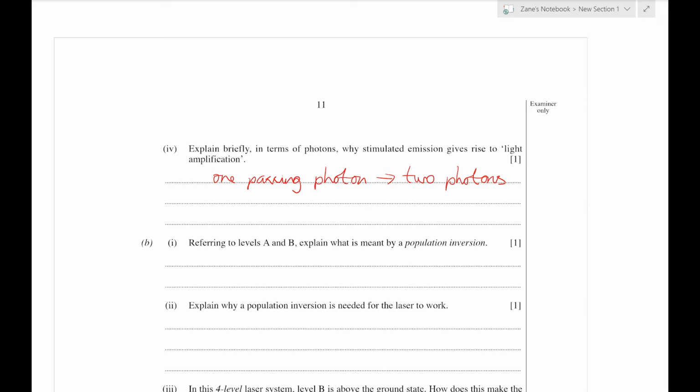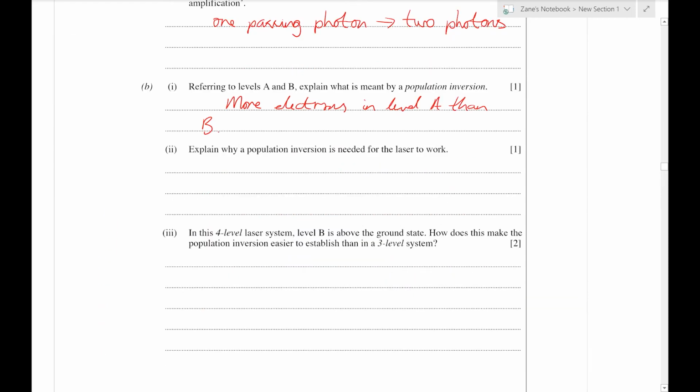Part B1, we're asked, referring to levels A and B, to explain what is meant by population inversion. So simply we're going to say that there's going to be more electrons in level A than B, which is the opposite of what we would normally find.